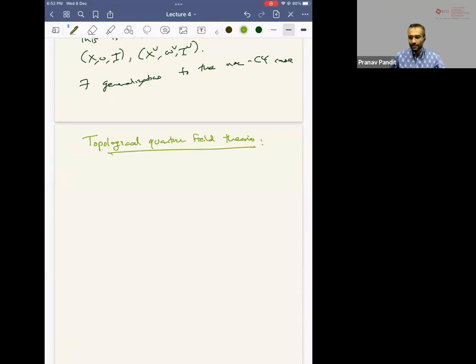Quantum field theories govern essentially all of modern physics. They are the language of modern physics, but they remain out of reach of rigorous mathematics in most cases, because the modern point of view on quantum field theory involves something called the path integral, and that's an integral over an infinite dimensional space.